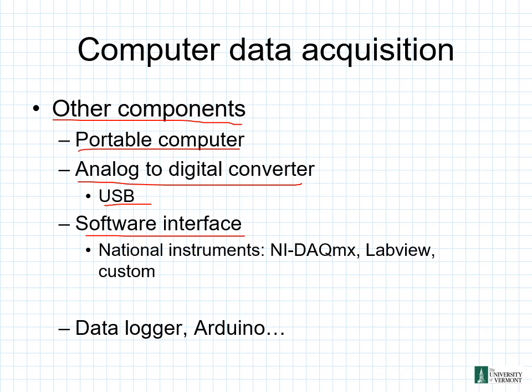Another way we could do it is with a data logger or an Arduino. If we don't have a laptop loaded with all this software, we could easily program several different types of standalone data loggers that we could plug right into our strain gauge, and an Arduino can be programmed as well to accept and record the data.